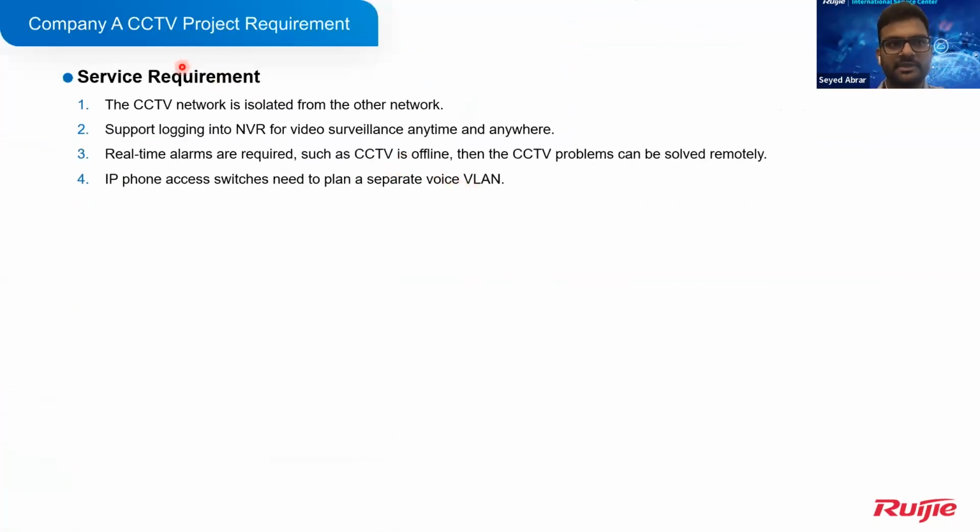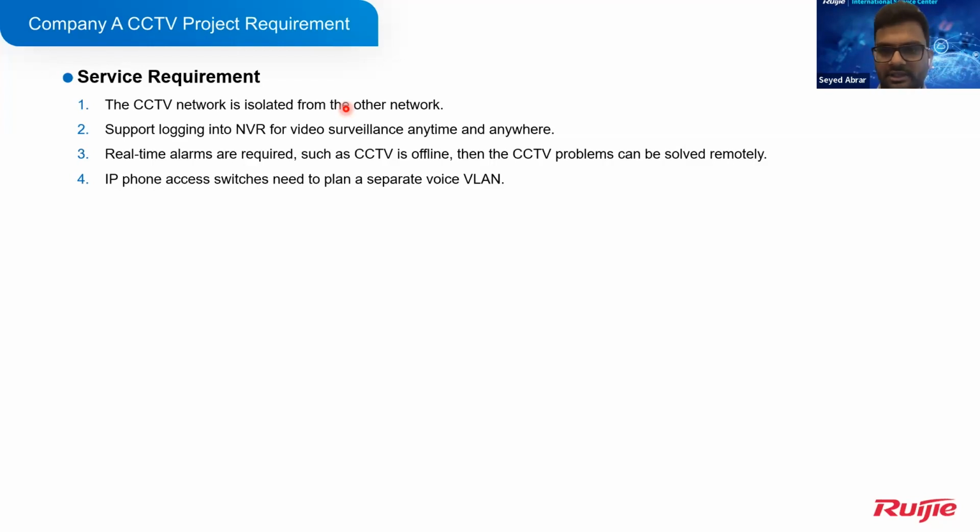The next topic is CCTV project requirements. As you see, in a proper network we have a lot of services running on your network. Let's say a production network, you have a guest network. What we suggest is that we have to put the CCTV network on a separate VLAN, isolating the network from the other services, your production services. Why do we have to do a separate network?